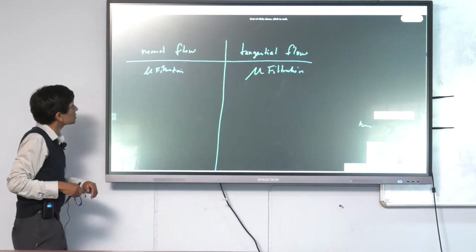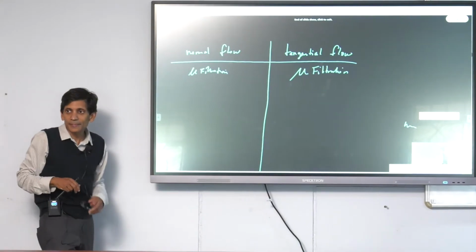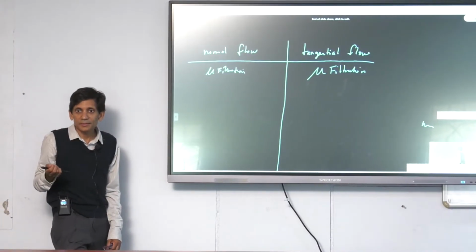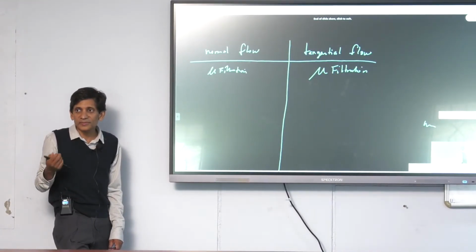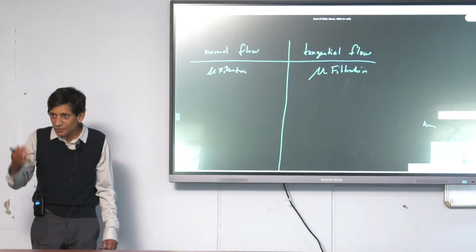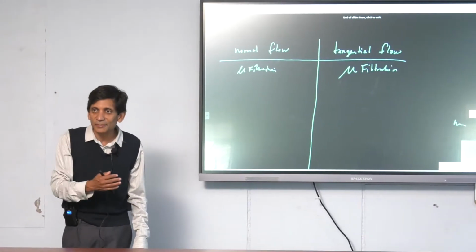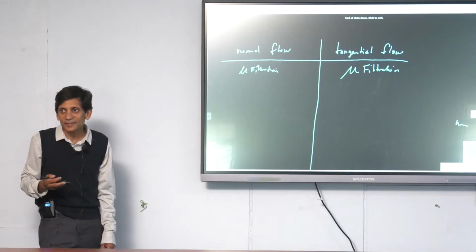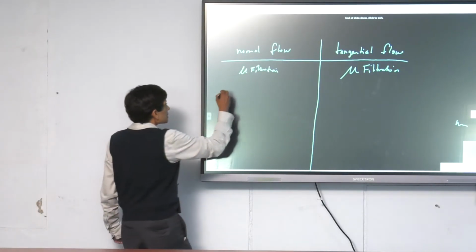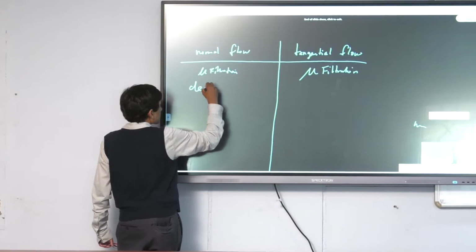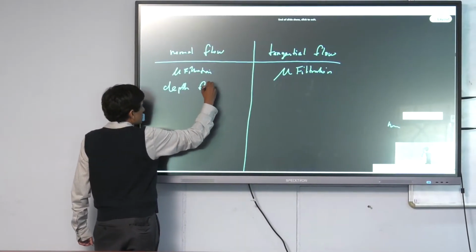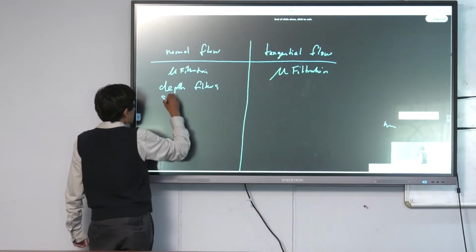What particular application for normal flow? Anybody? So we've said that we can use normal flow for microfiltration in the biotech industry. What application? What unit operation? Depth filters, okay. What else? Sterile filtration, yep.